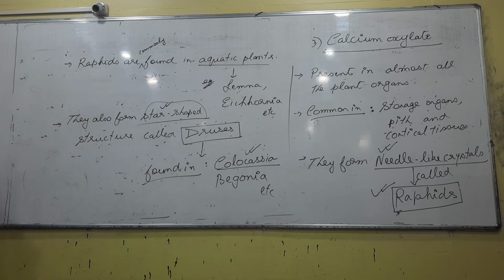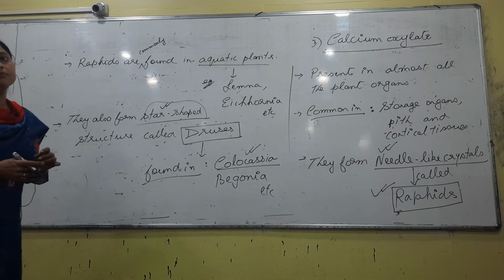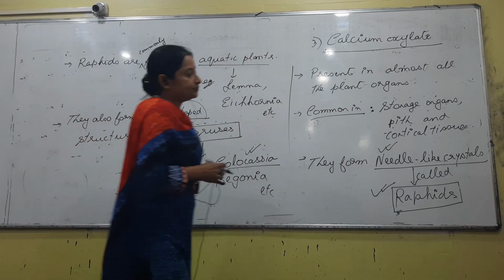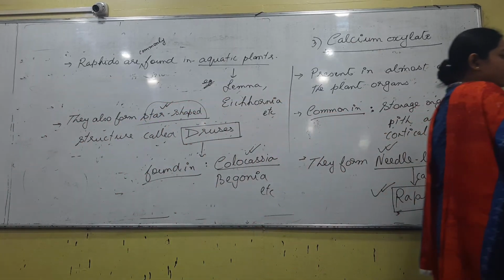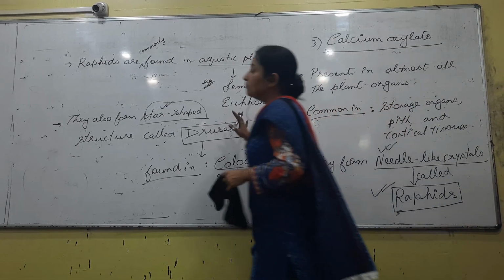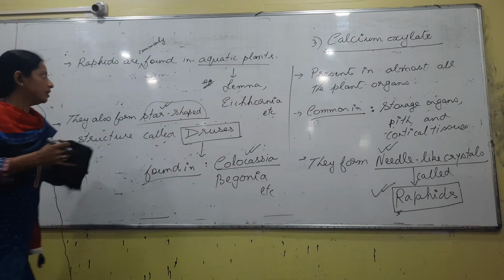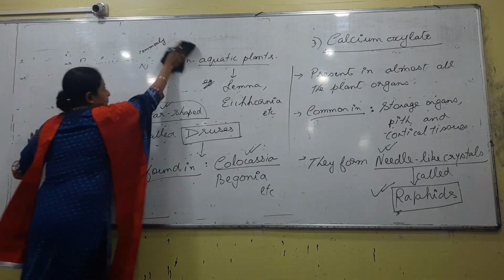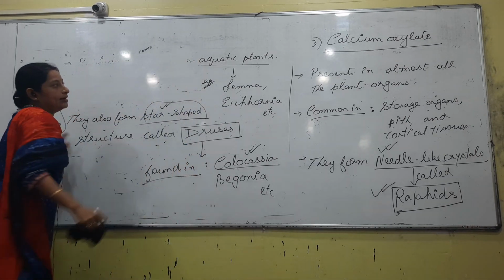Raphides and druses are because of the deposition of what? Calcium oxalate. Cystolith because of the deposition of what? Calcium carbonate. So this is all. So we have almost completed. Understood?